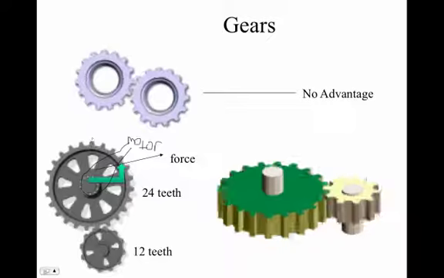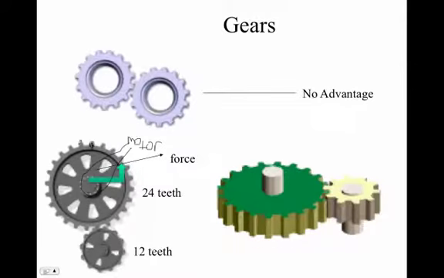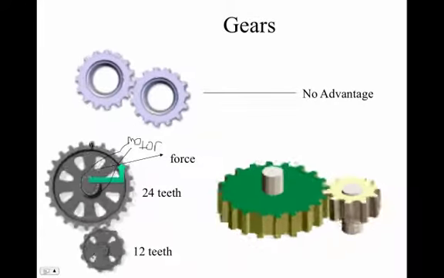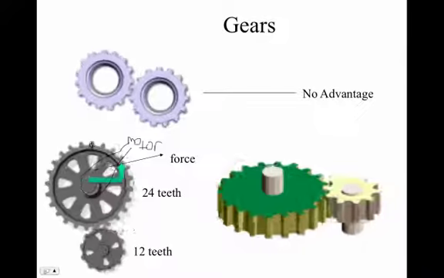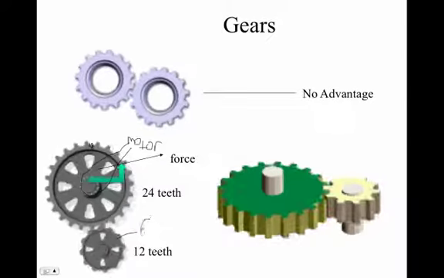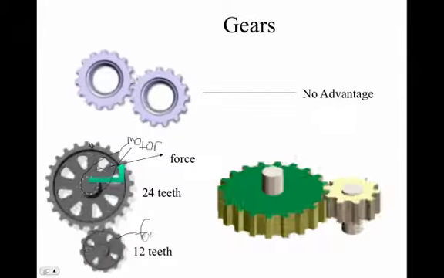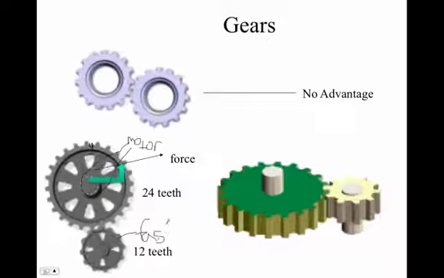If we mark the gear and watch it spin, one turn here causes this one to spin way more times. So this one, in essence, is spinning faster because it's got a smaller diameter.